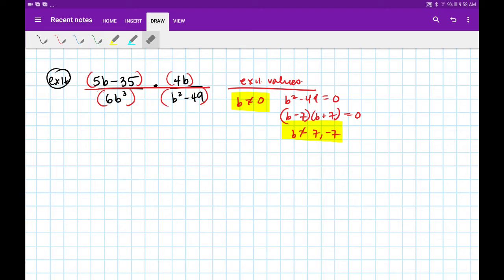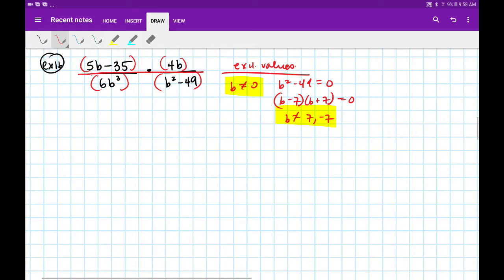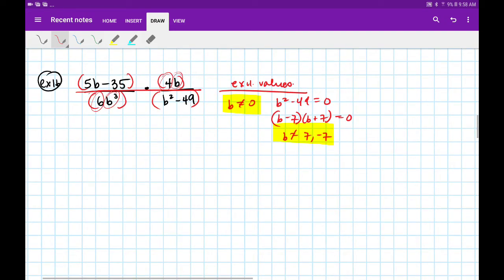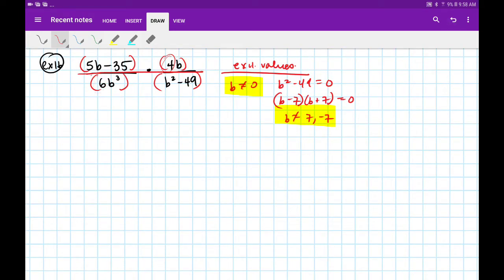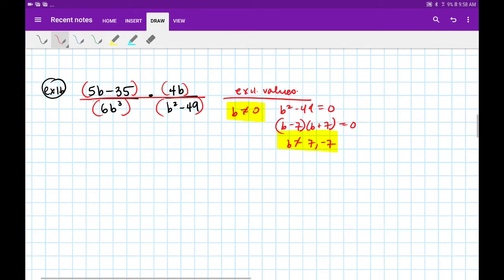Now let's get back to simplifying. So as things stand right now, I can actually cancel this 4 and the 6, this b and this b cubed. But before I go and start crossing things out, I want to factor all the way first. So let's see what we can do. Look at this 5b minus 35. We can pull out a greatest common factor if we factor out a 5.